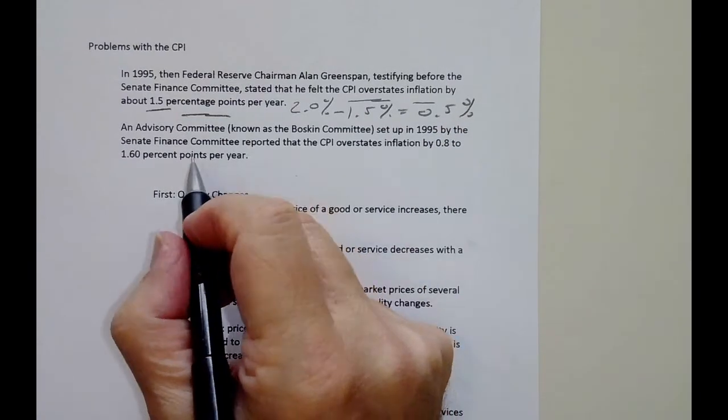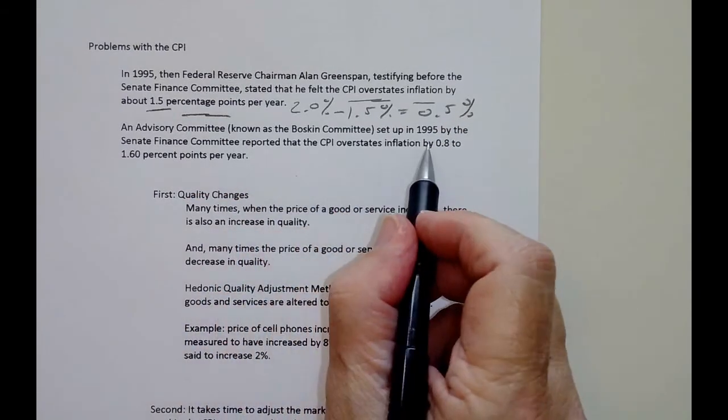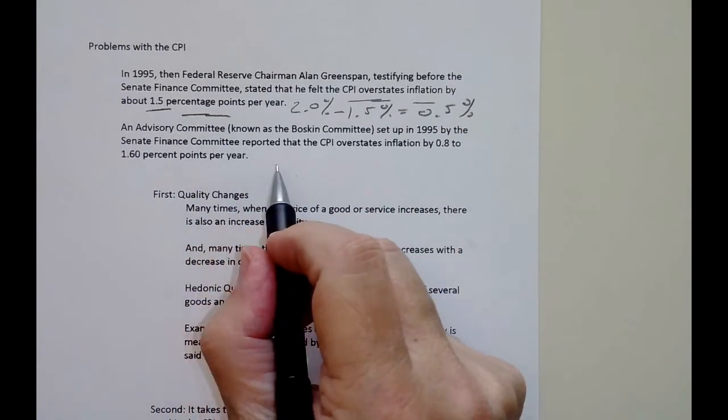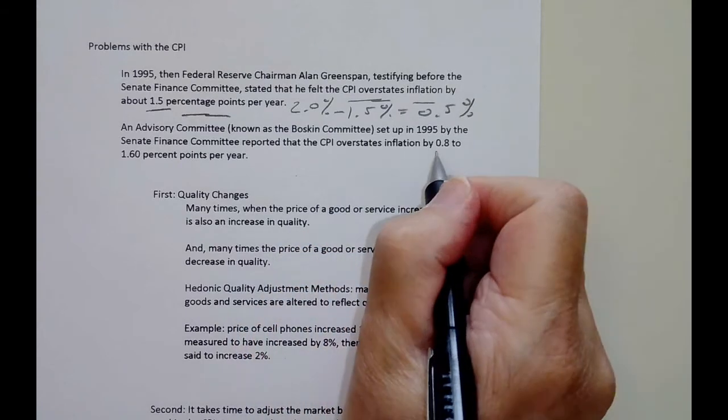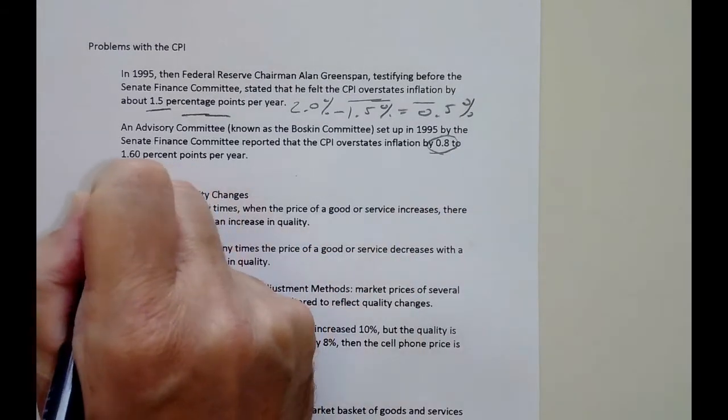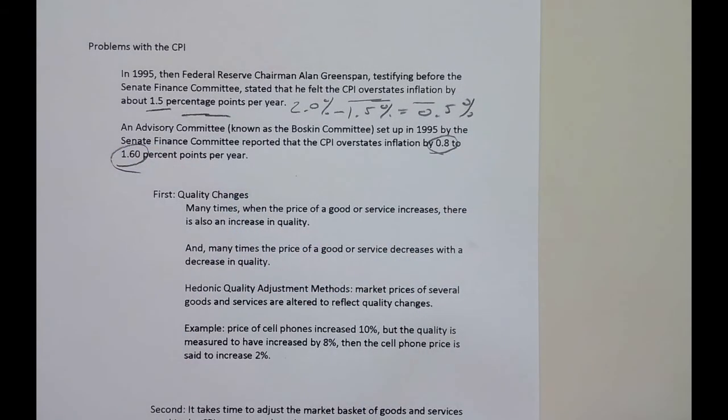An advisory committee known as the Boskin Committee was set up in 1995 by the Senate Finance Committee, and it reported the CPI overstates inflation by maybe 0.8 to 1.6 percentage points, which has a big impact on the economy because a lot of things are indexed to inflation.